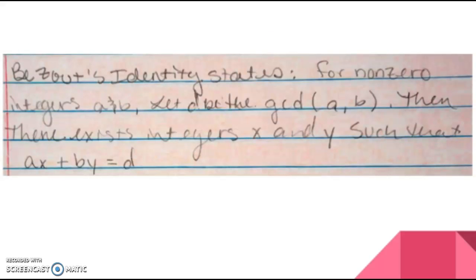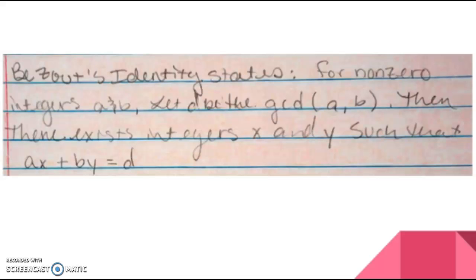Bezout's identity states, for non-zero integers a and b, let d be the greatest common divisor of those two integers a and b. Then there exist integers x and y such that ax plus by is equal to the greatest common divisor of a and b, which they're calling d.